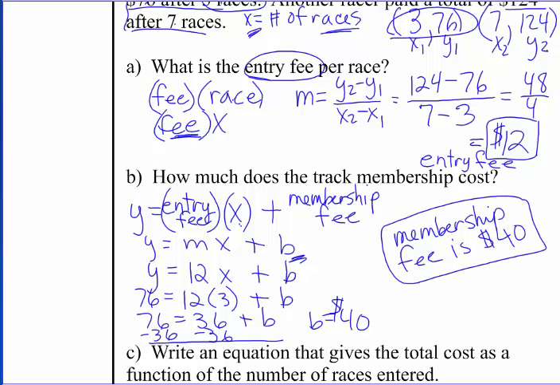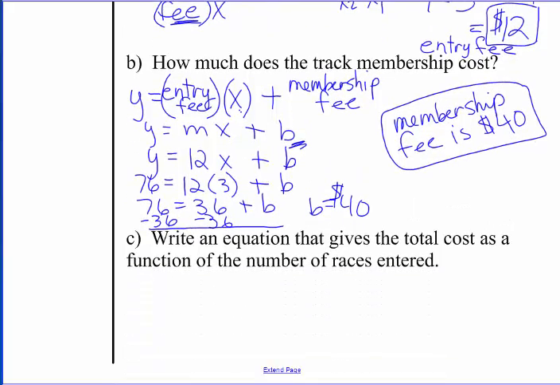And let's look at part C. So down here at the bottom it says write an equation that gives the total cost as a function of the number of races entered. So there's that phrase I was telling you about before, as a function of, is a very important phrase.